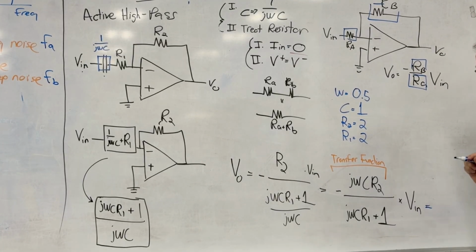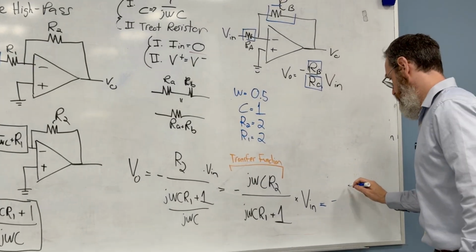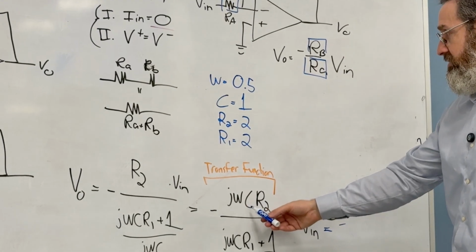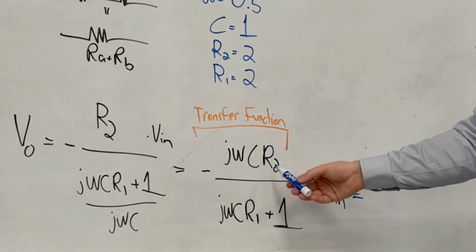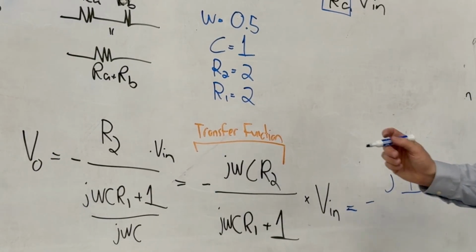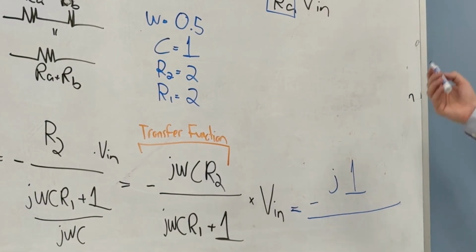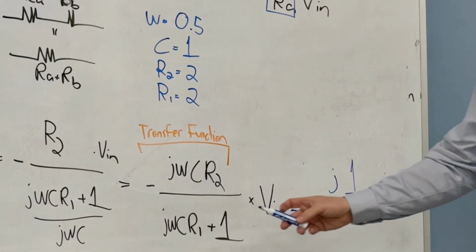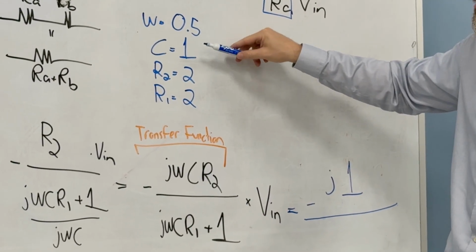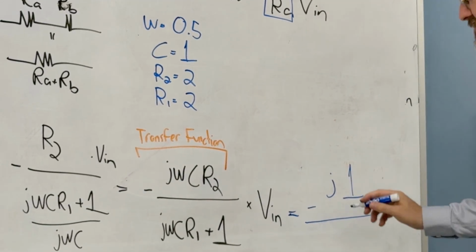So I'm going to get negative j times, let's see, 0.5 times 1 is 0.5 times this is just 1. I picked it to make it easy for myself, but it's all going to be simple. I mean, it could have been 3. And here I'm going to get j times 0.5 times 1 times 2, also 1, because I picked it to be easy.